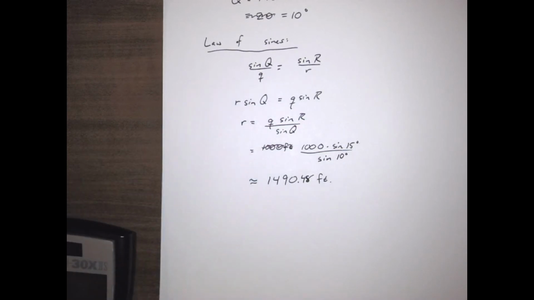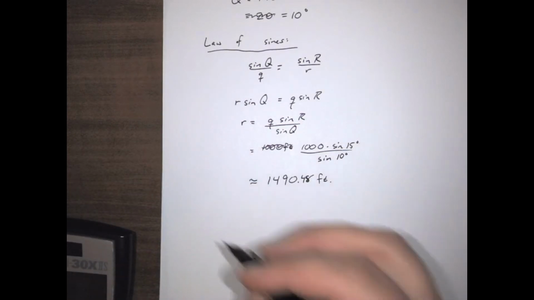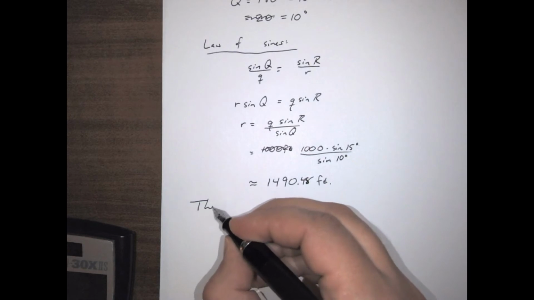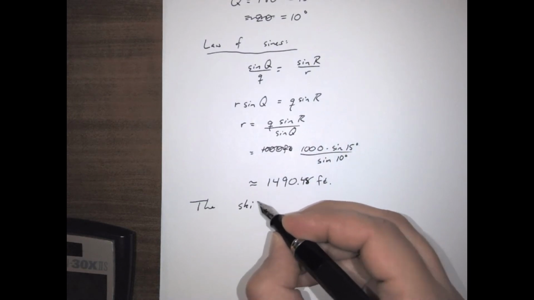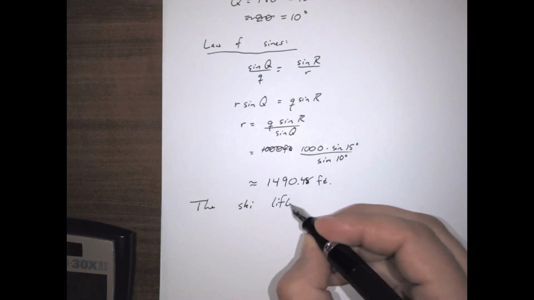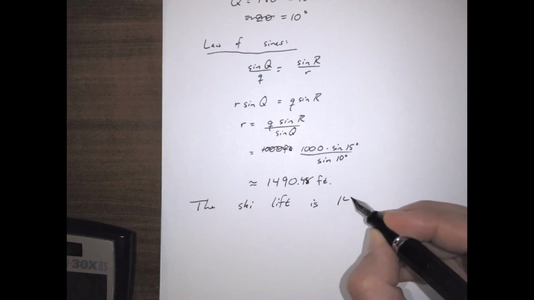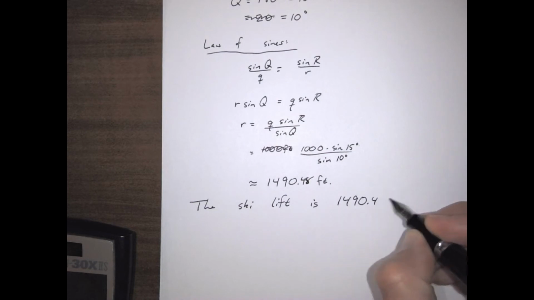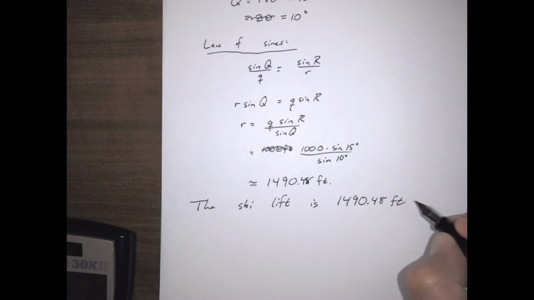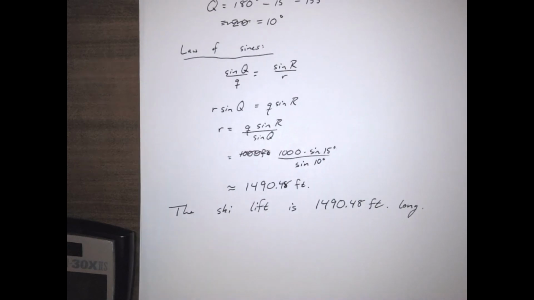So 1,490.48 feet long. So that's how long the ski lift is. So if P is where the ski lift starts, then that's how long it is.